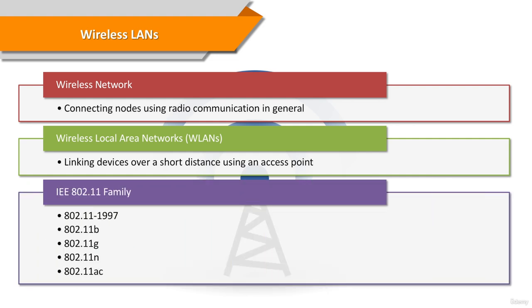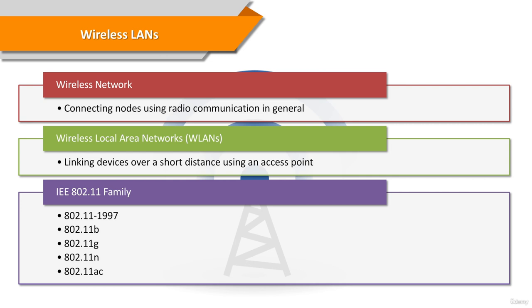IEEE 802.11 is a set of MAC and physical layer specifications for implementing wireless LAN computer communication. They're the world's most widely used wireless computer networking standards, used in most home and office networks to allow laptops, printers, smartphones to talk to each other and access the internet without being connected to any wires.